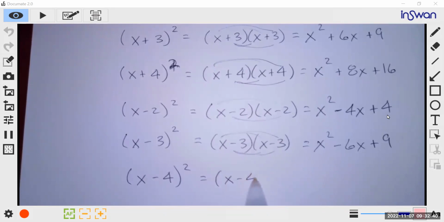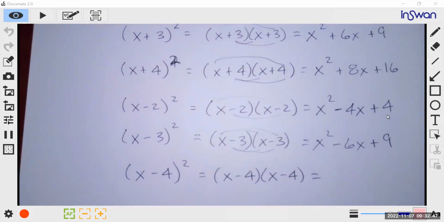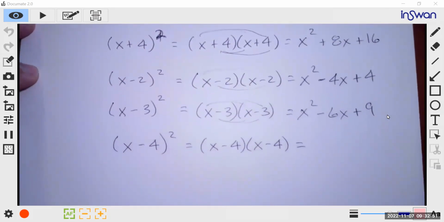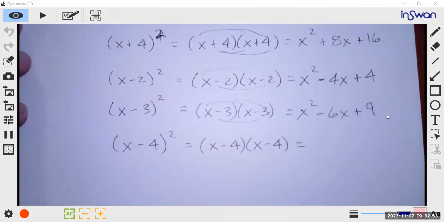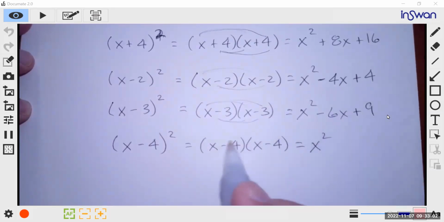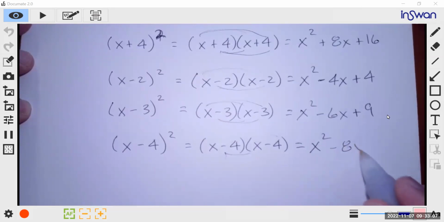And we'll do the same thing with a 4. x times x is x squared. Negative 4x twice is negative 8x. Negative times negative is a positive. 4 times 4 is 16.